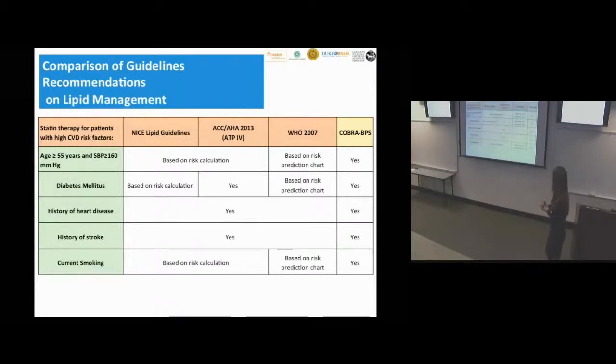We have a simple scoring system where they can just look at sheets and say, if you're this age, with diabetes, heart disease, stroke, or current smoking, we'll just start you on a statin. And there's a move towards starting all hypertensives on a statin, so even that wouldn't be wrong. We are doing some level of risk stratification, and that's good enough. It's consistent with the international guidelines. So that was our hypertension management.